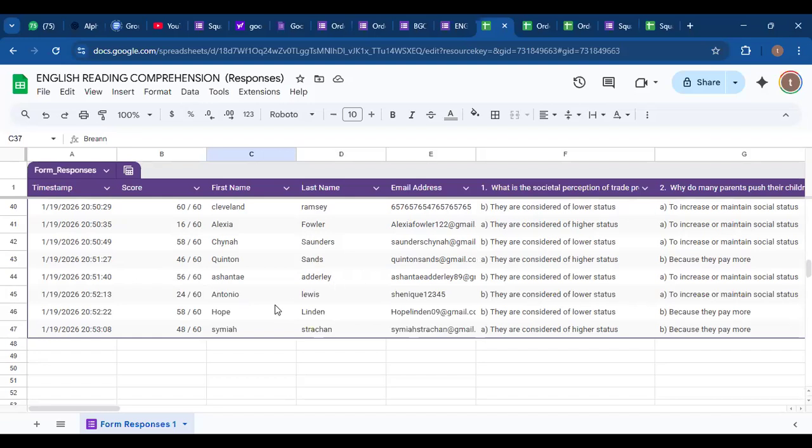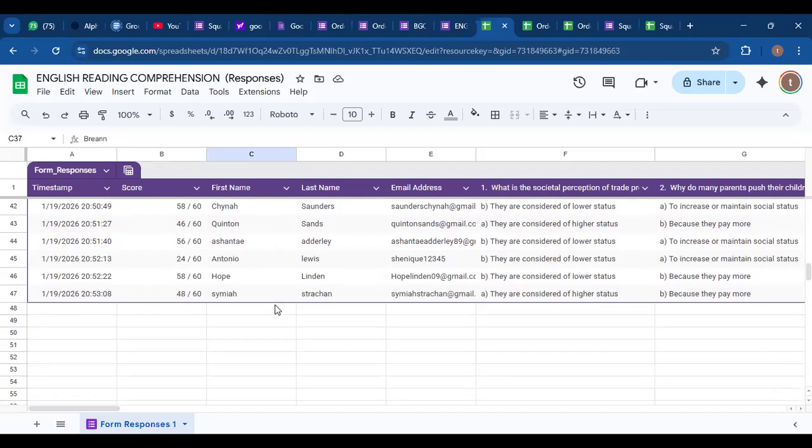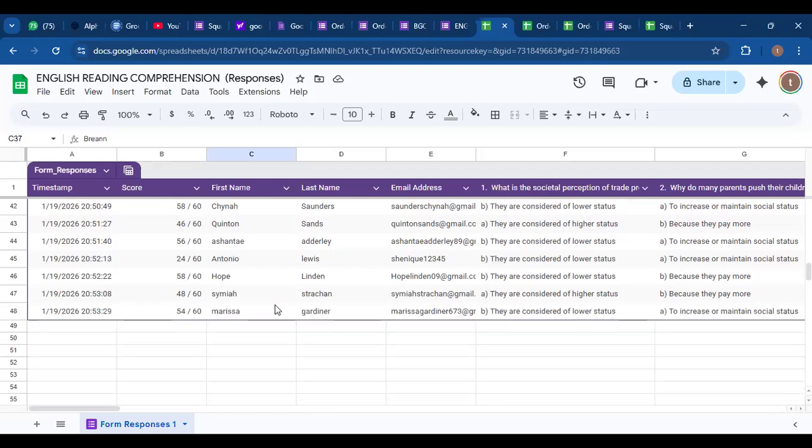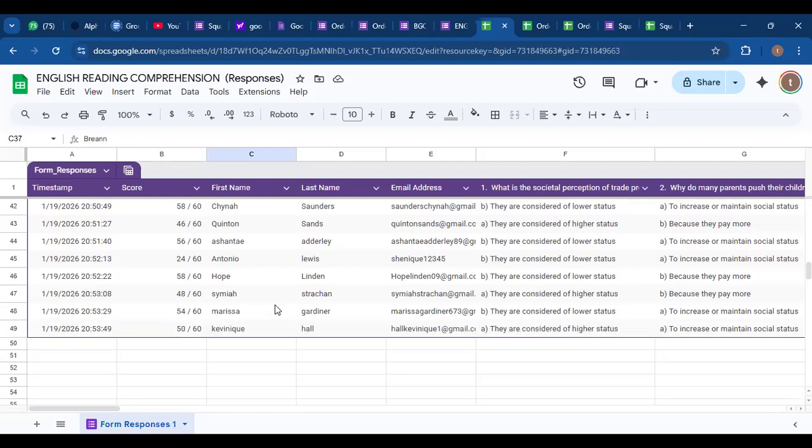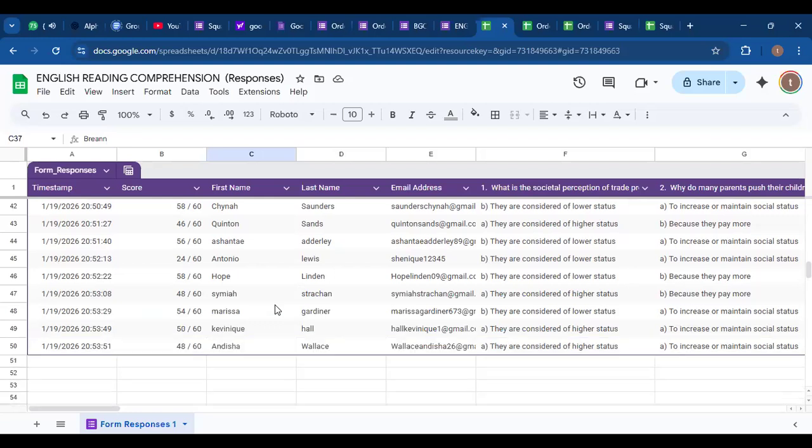Samaya Strawn, very good. Remember, you have to get 48 and above. Very good, Marissa Gardner. Very good, Kevin Nicole.